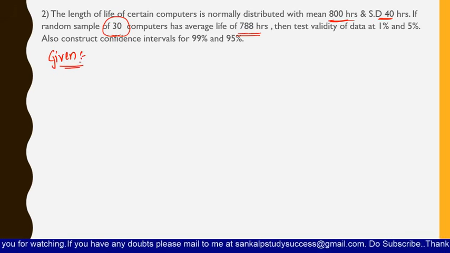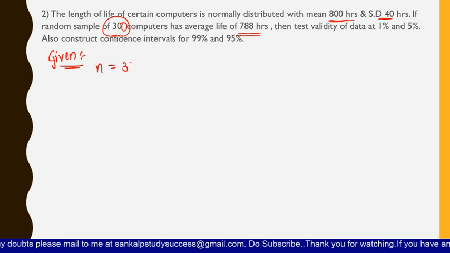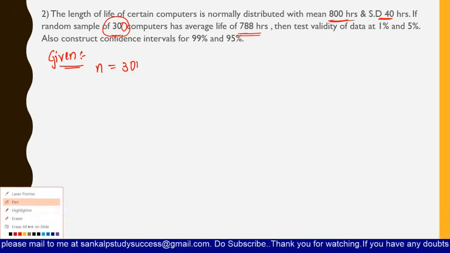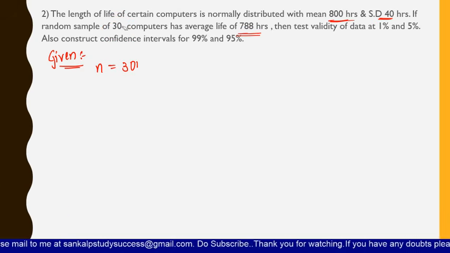Here given, n is equal to, it is not a random sample of 300 computers actually, it is 30, right? So let us erase it here.